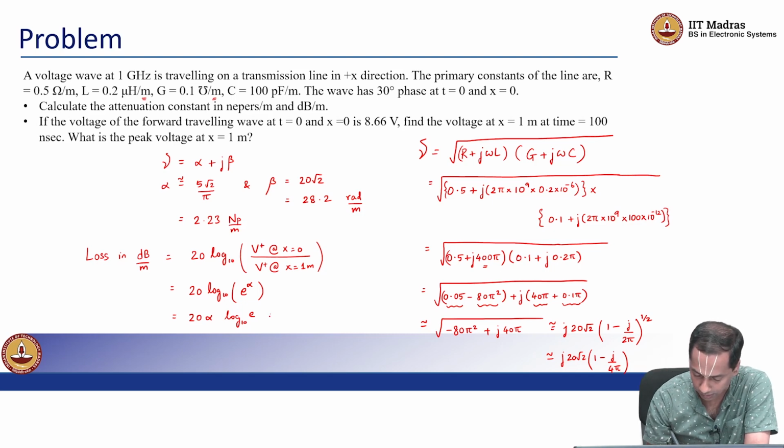right. So this turns out to be 20 into 2.23 nepers per meter divided by natural log of 10.